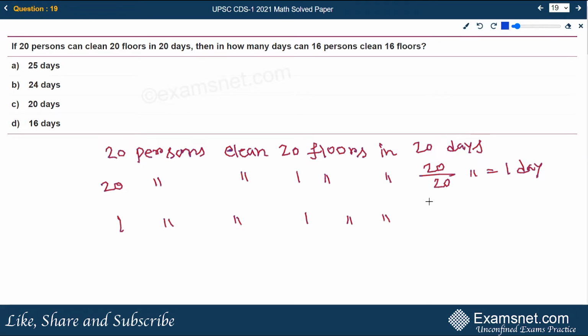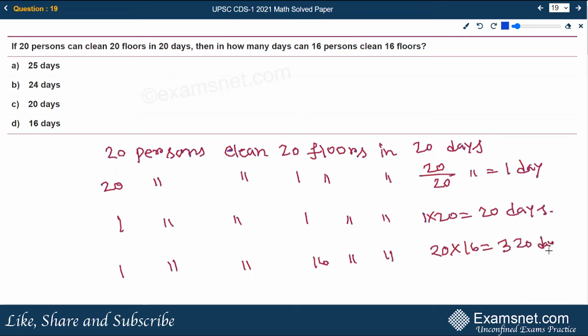Now, one person can clean one floor in, again, more time, not less. If 20 persons can clean one floor in one day, one person will take more time, so we will multiply, that is 20 days. Now one person cleaning 16 floors will again take more time, so 20 multiplied by 16, that is 320 days.